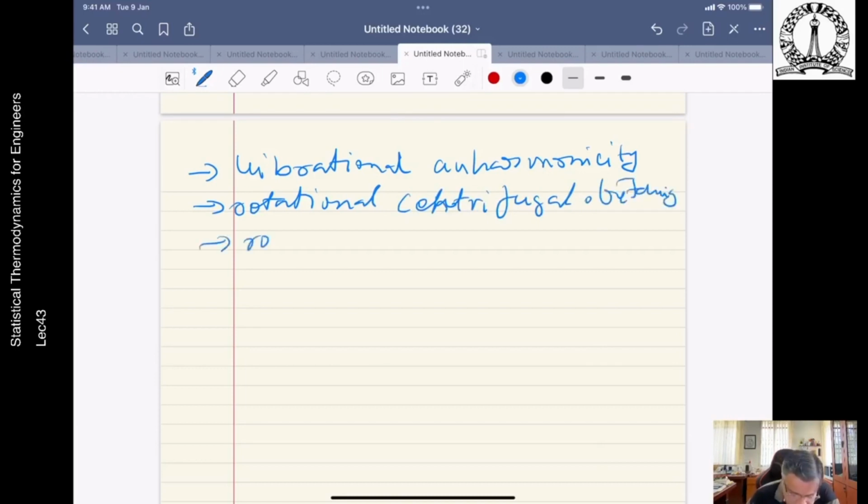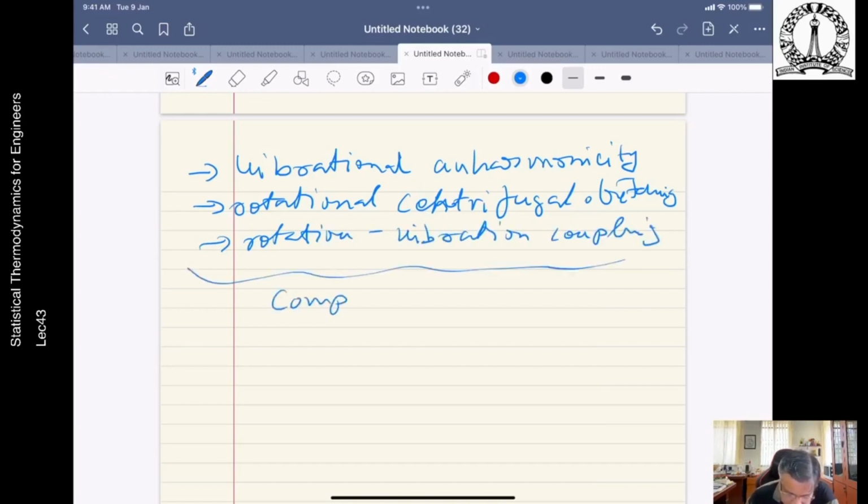Then, of course, rotation vibration coupling. In other words, we need what we call a complex model. Furthermore, the controlling mode parameters might not be associated solely with the ground electronic states, especially for molecules with low-lying upper electronic levels.